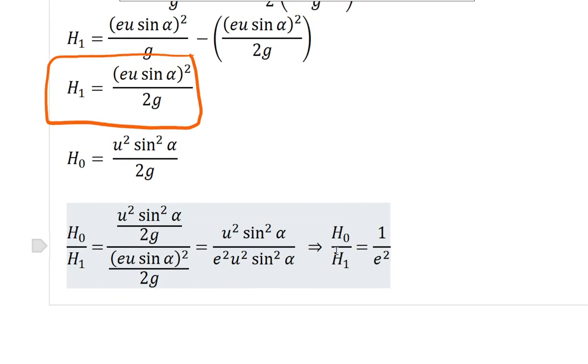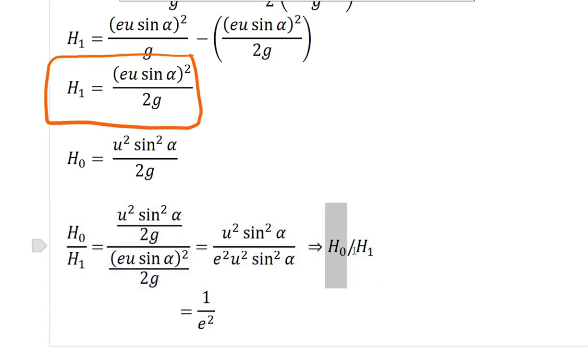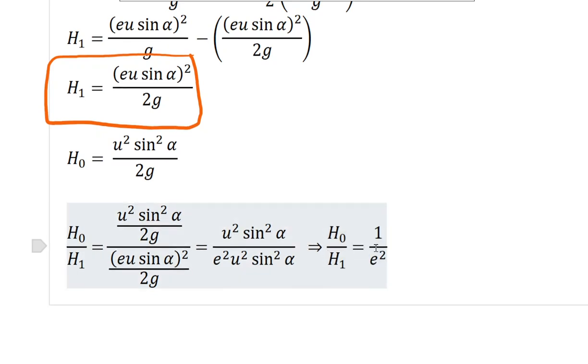Okay, so H0 over H1 equals this. Okay, cool. So that's H0 over H1 is 1 over E squared, which is nice. The difference in heights is purely to do with the coefficient of restitution.